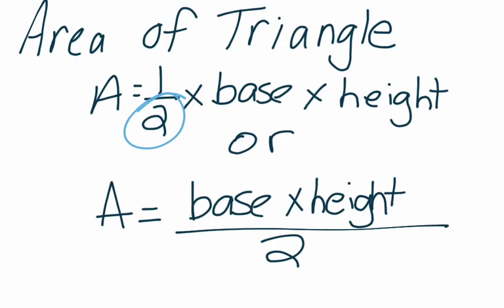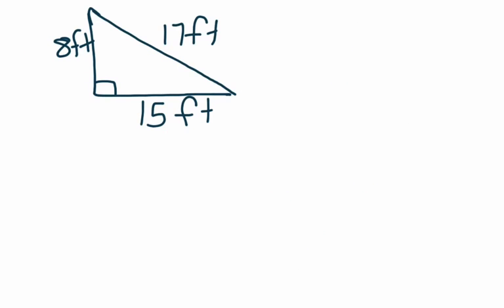Okay, so if we were given the example of this right triangle here, and notice for the right triangle it has this little box here, that indicates a 90-degree angle. If we have 8 feet, 15 feet, and 17 feet as our measurements, and the formula is area equals 1/2 the base times the height, what number are we not going to use?